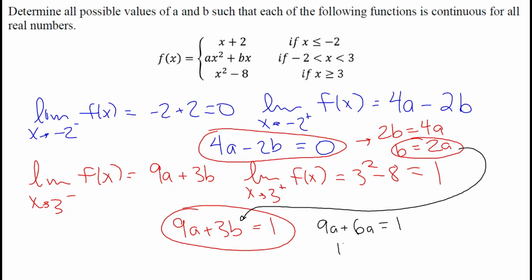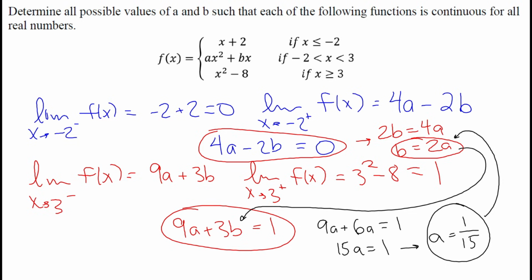Or 15a equals 1, or a is equal to 1/15. Well, if a is 1/15, when I plug that back in up here, we'll just get b is equal to 2/15, right? Because it's twice of what a is. So we have a is 1/15 and b is 2/15.